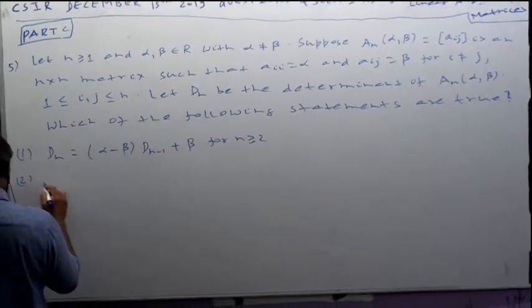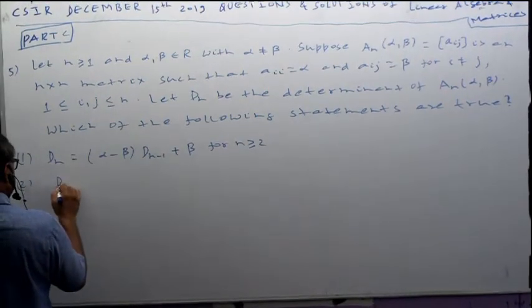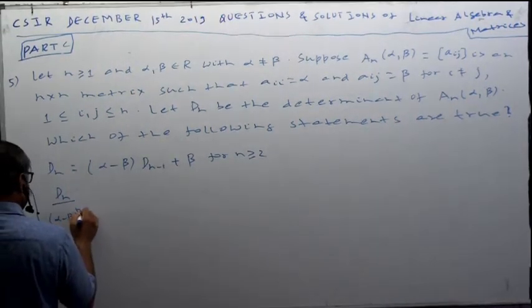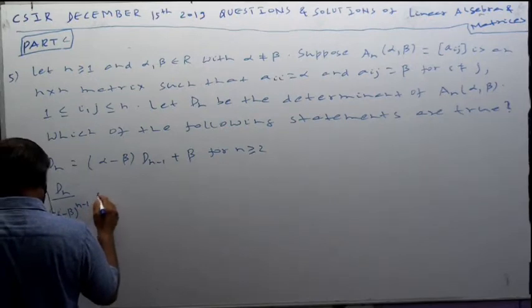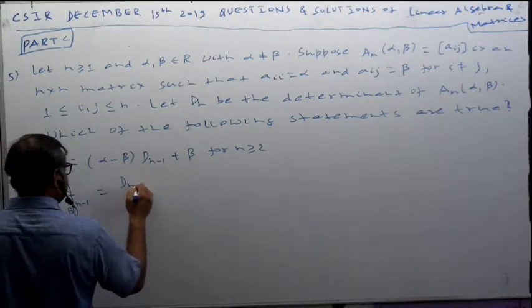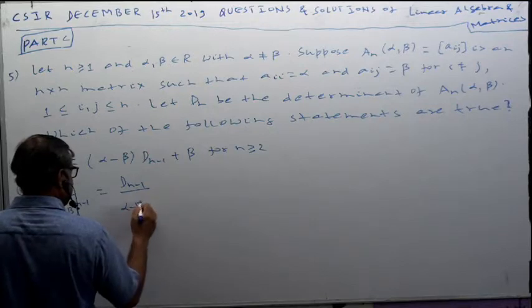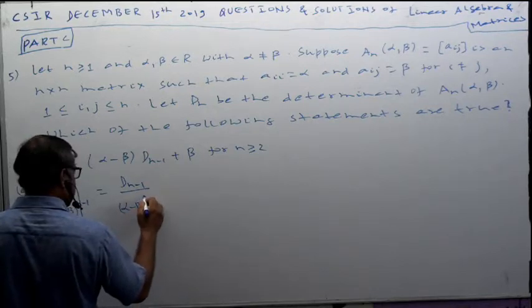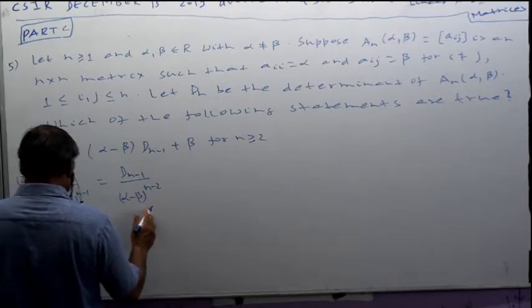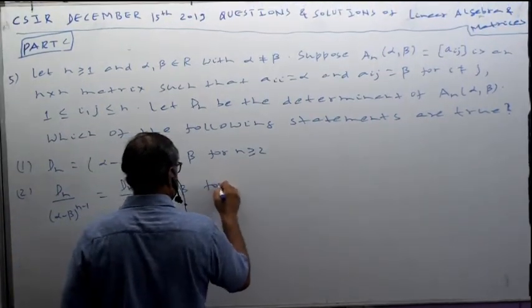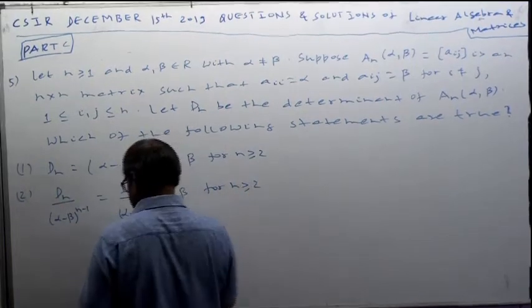Second, Dn upon (alpha minus beta) to the power n minus 1 equals D(n minus 1) upon (alpha minus beta) to the power n minus 2 plus beta for n greater than or equal to 2.